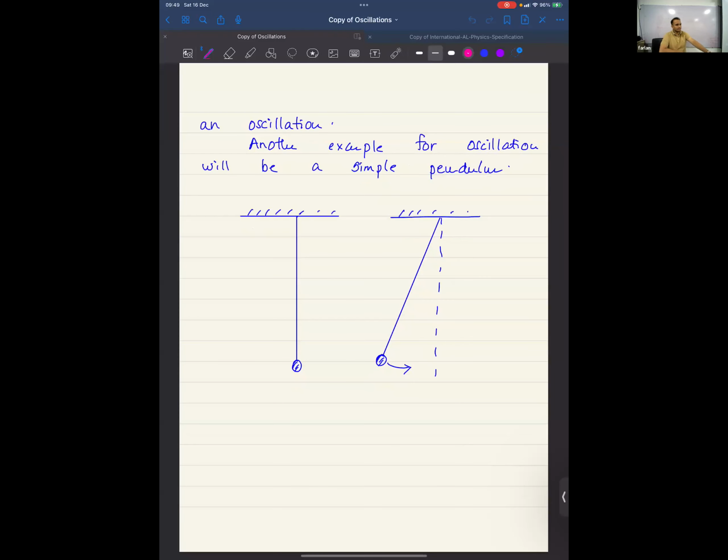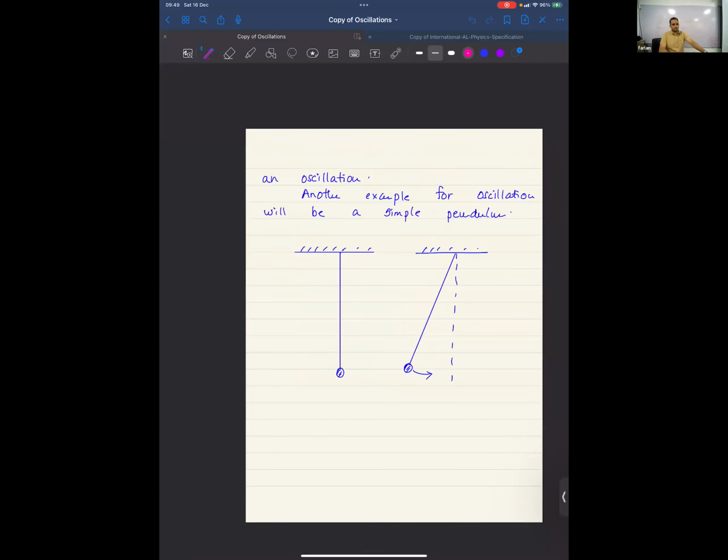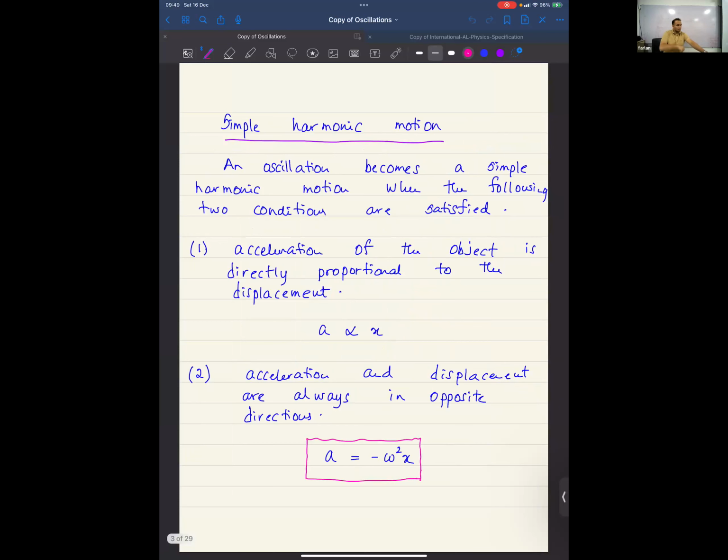Right, on to the next subtopic. Now guys, this oscillation becomes a simple harmonic motion when a couple of conditions are satisfied. There is a definition of simple harmonic motion where there are two key points to consider.